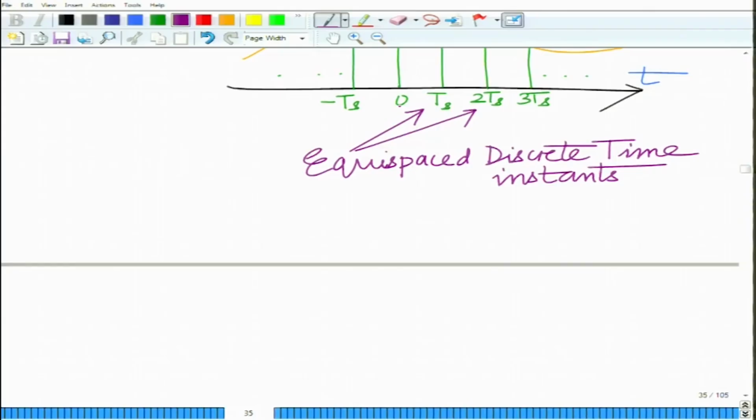Okay. So, sampling is a very interesting concept and one of the most fundamental concepts, which has a very interesting theoretical framework, which is basically analog, or continuous time, that is CT, to DT, that is discrete time.